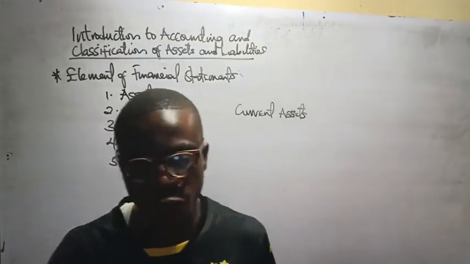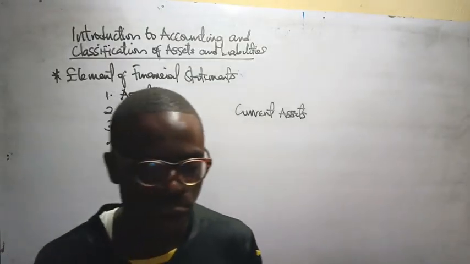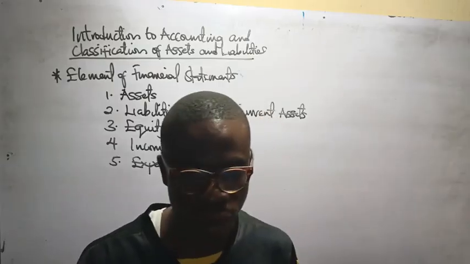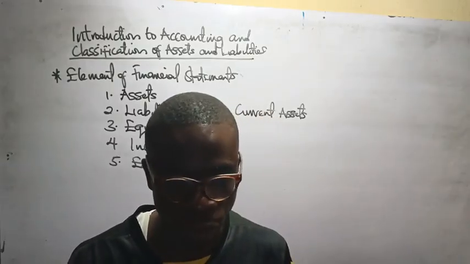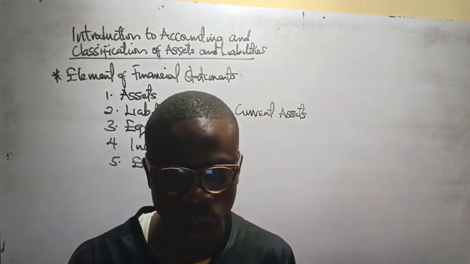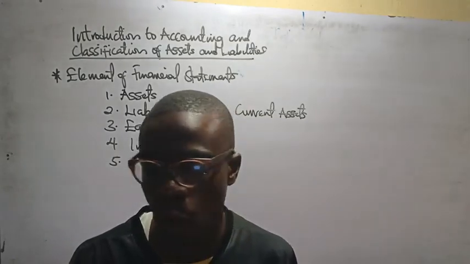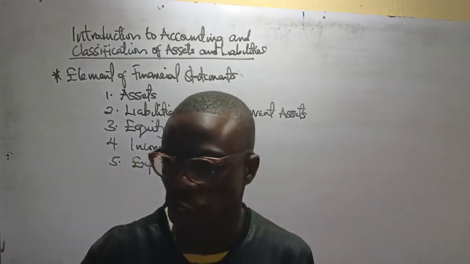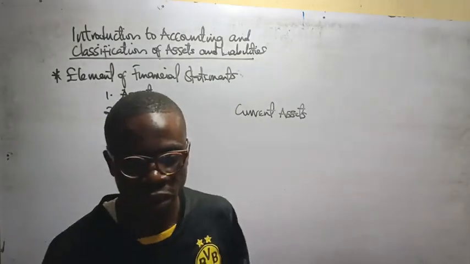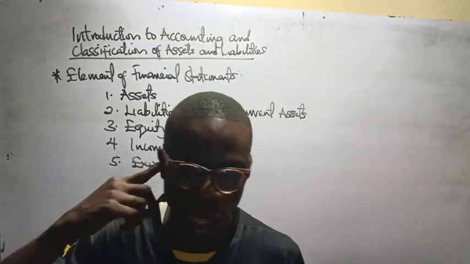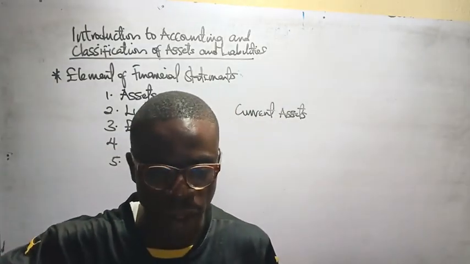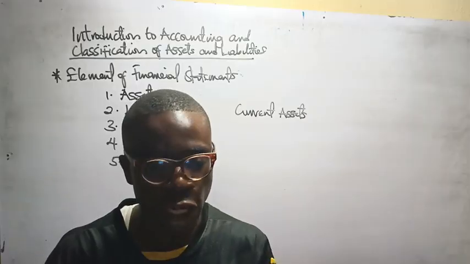We have cash and cash equivalents, prepaid expenses, account receivables, inventory, short-term investments, and other current assets. Let me explain cash: the money the business has at bank and cash at hand. They are what we call cash and cash equivalents.